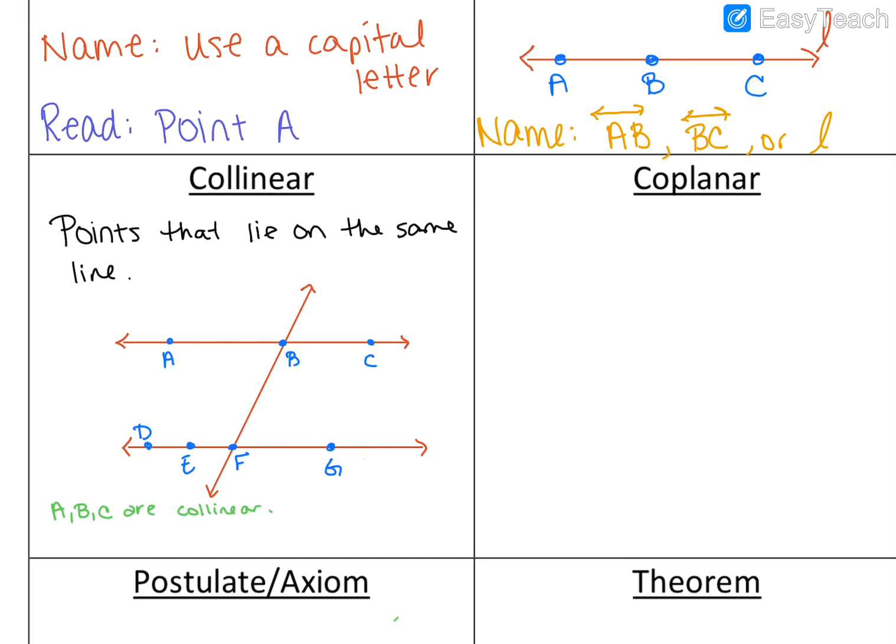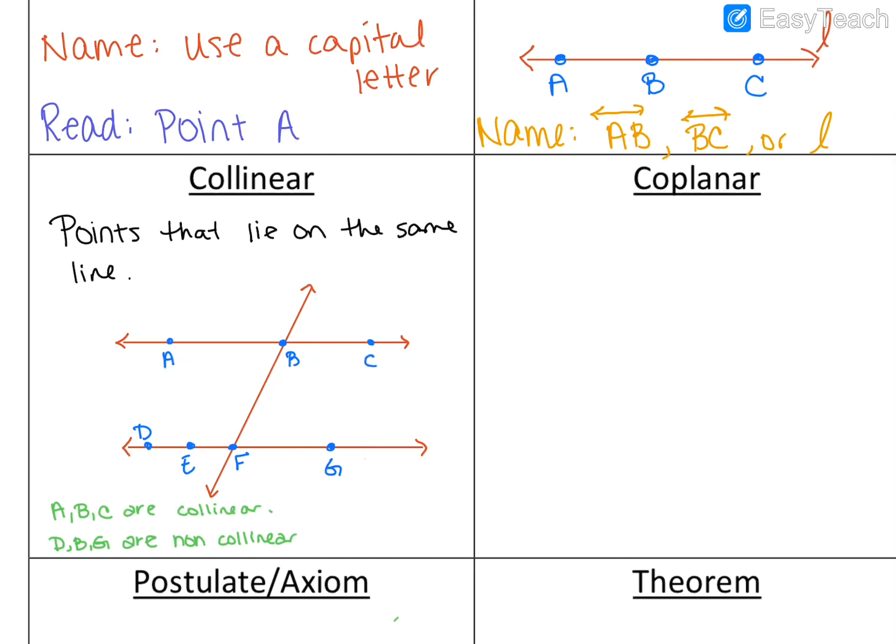We can say that D, B, and G are non-collinear, because there's no way that you can take and connect with a line D, B, and G. That would make like a triangle. There's no ruler where we could take and connect those using a straight line. So those are non-collinear. A, B, and C, we can see all 3 of those are on the exact same line. So those are collinear.